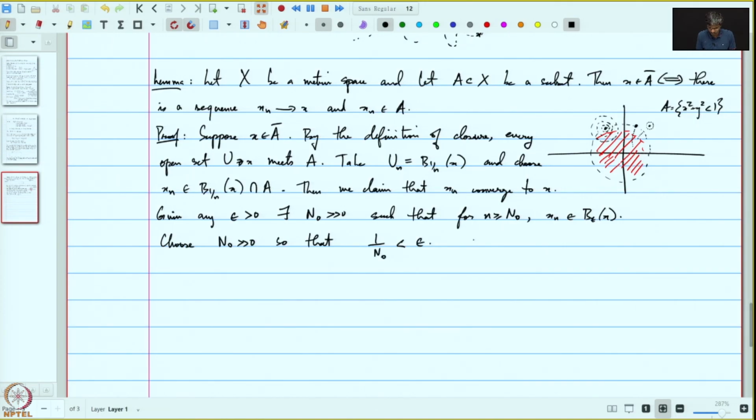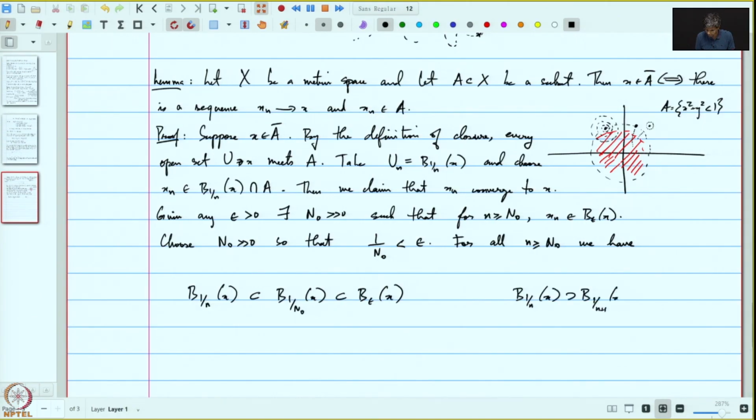So then we claim that for n greater than or equal to n naught, B(1/n, x) is obviously contained in B(1/n naught, x), which is contained in B(epsilon, x). And moreover, these balls are nested, and so on.